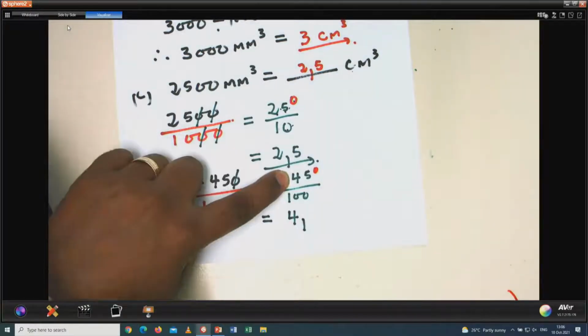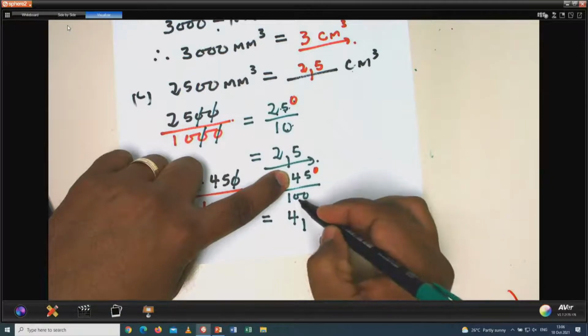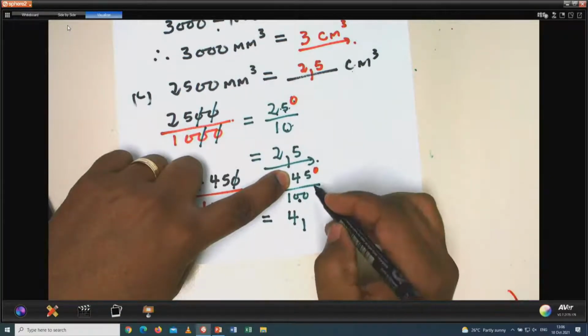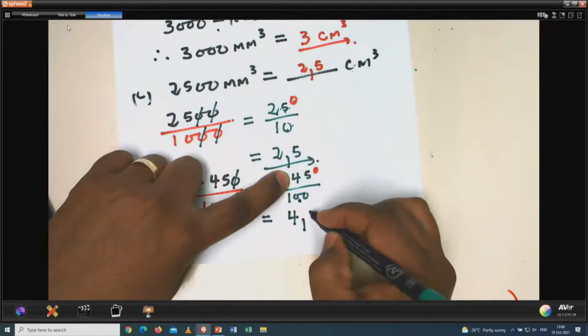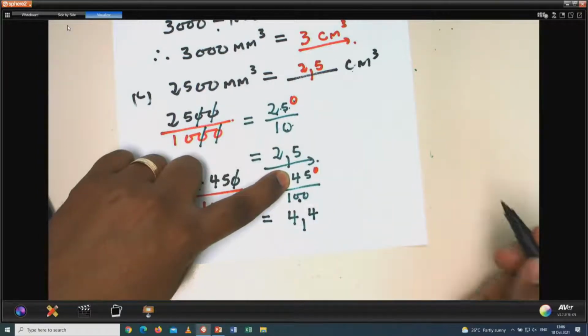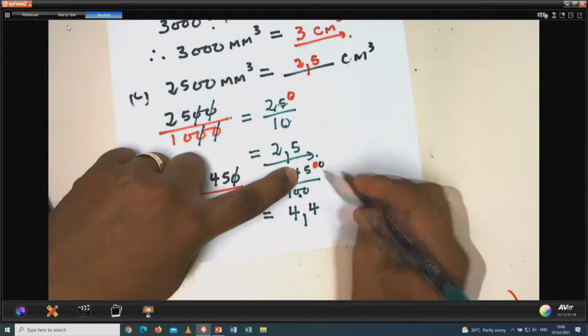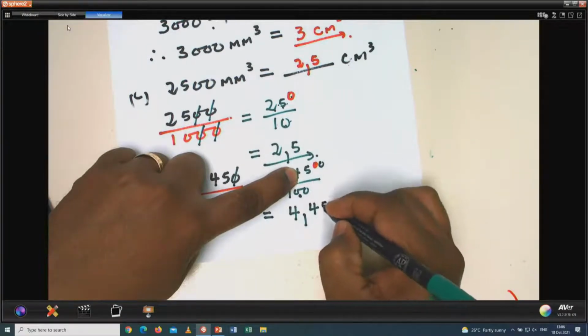And therefore I'll have a comma there, therefore there is what? The 0. Then I say 100 into 450. Therefore I will have 4, and therefore put 0 there. 500, 100 into 500, it will be 5.